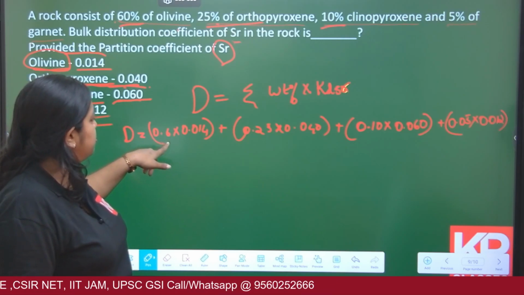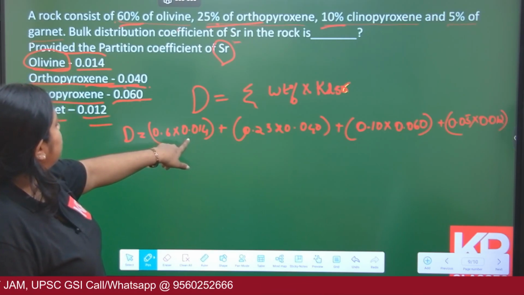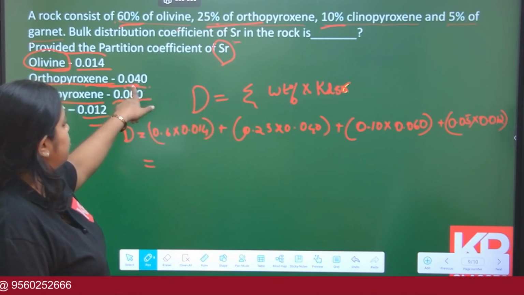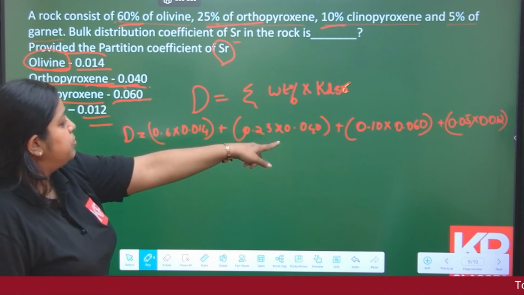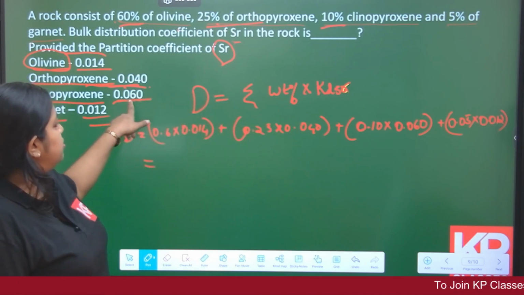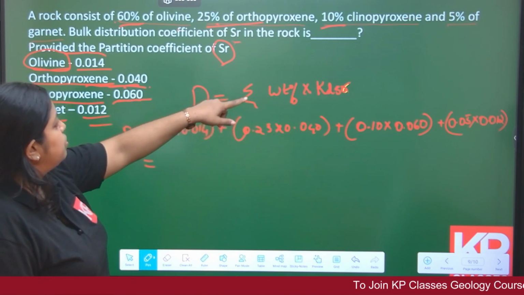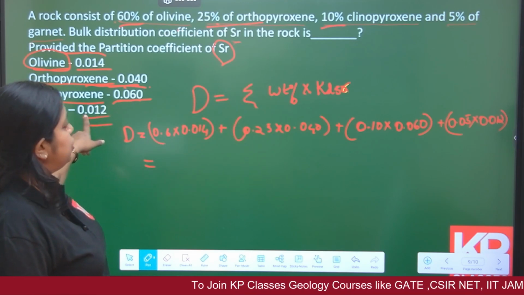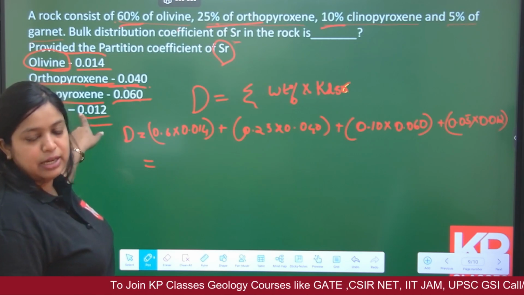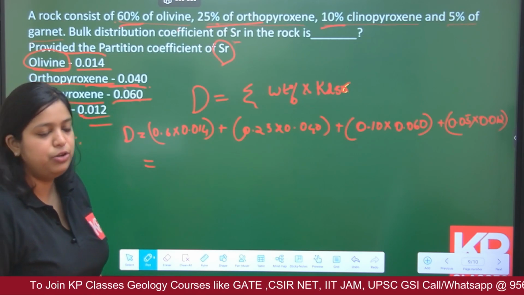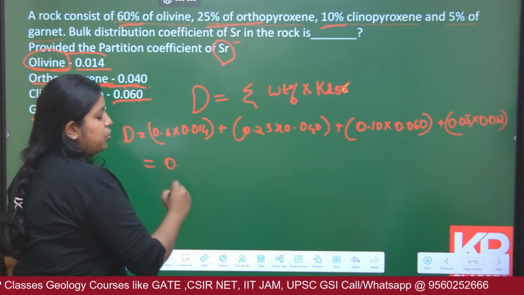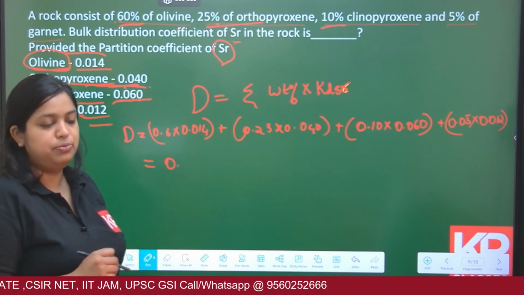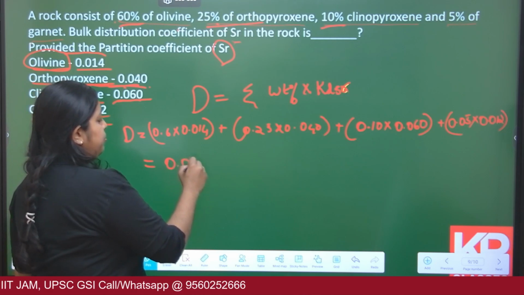That's why it becomes 0.6 into Kd value 0.014. 25% is 0.25 into 0.040. 10% becomes 0.10 into 0.060, plus 0.05, 5% is 0.05, into 0.012, the Kd value of strontium in garnet. So if you solve it out, you will get a value of 0.025 something.